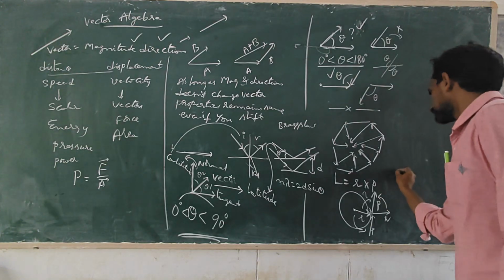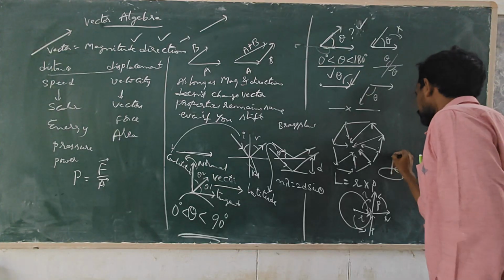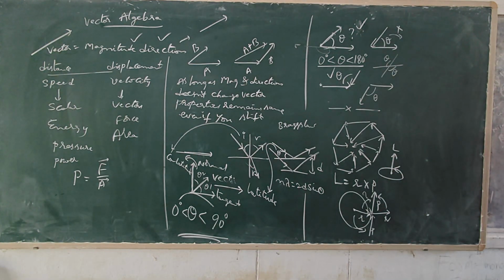So when the object is rotating in an anti-clockwise direction, the angular momentum vector will be perpendicular to the plane and upwards.